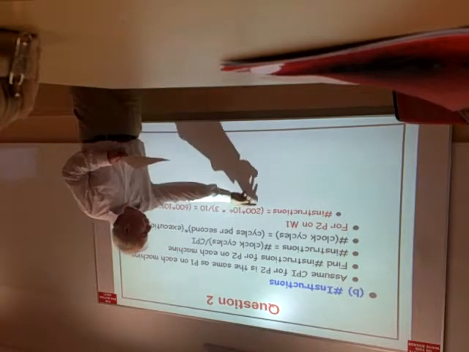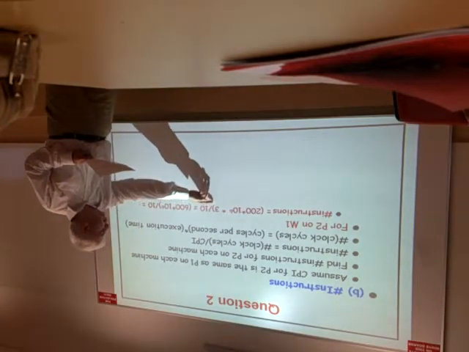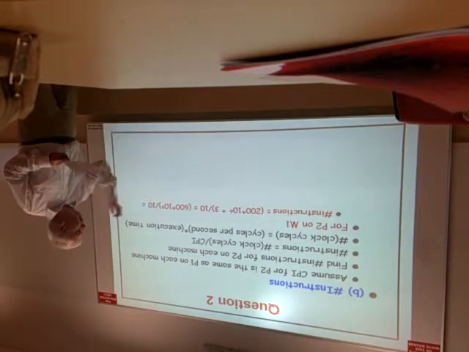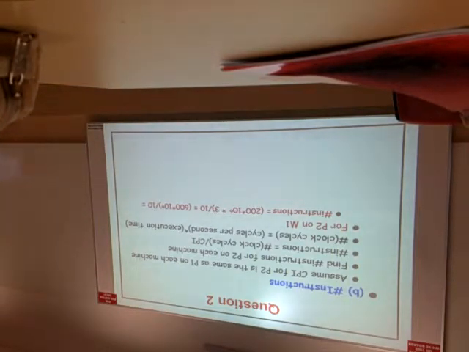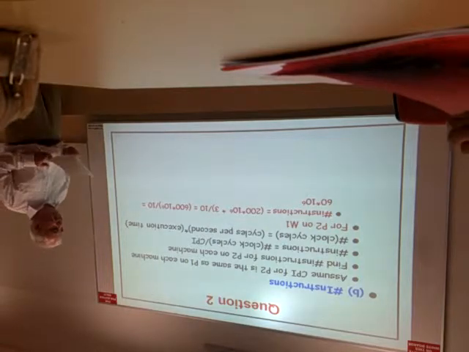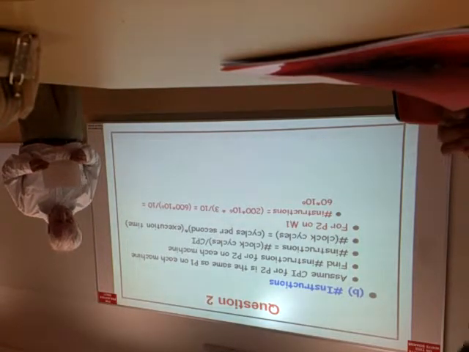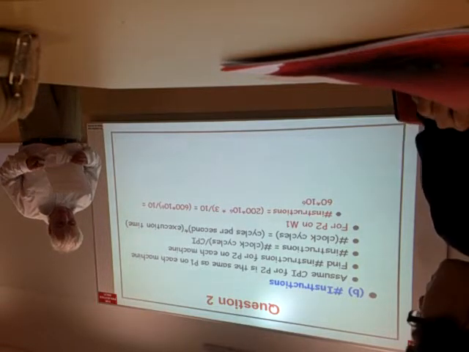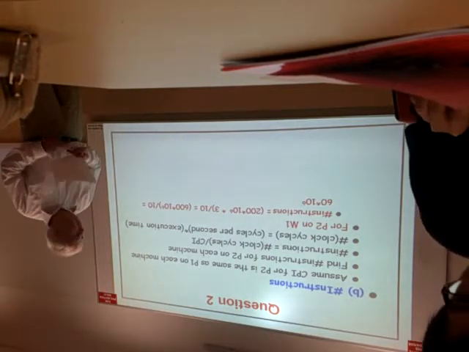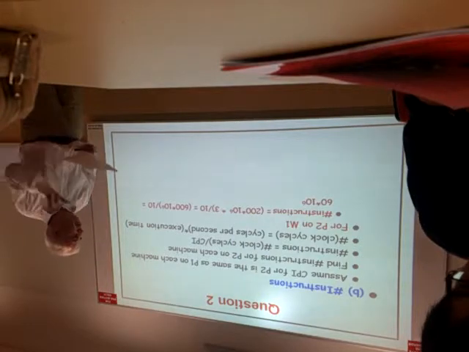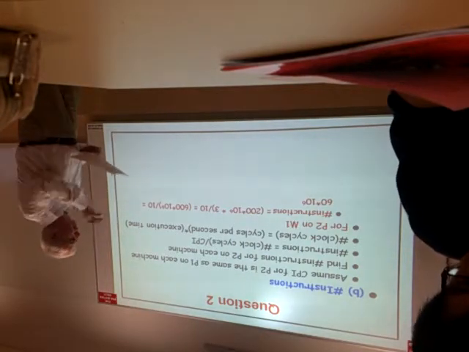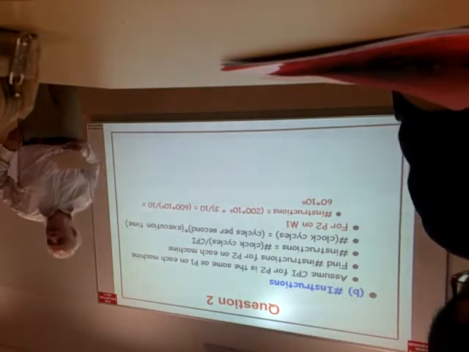So we take 200 times 10 to the 6 times 3, divide by 10, and get the answer as the number of instructions: 60 times 10 to the 6. Okay, so again, just putting the values into the equations that we have.